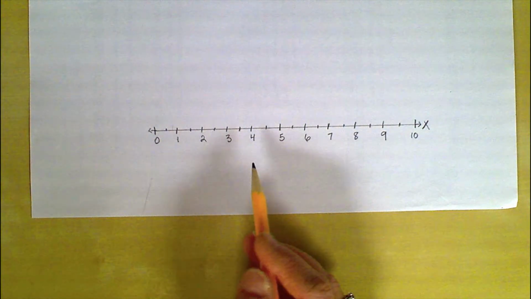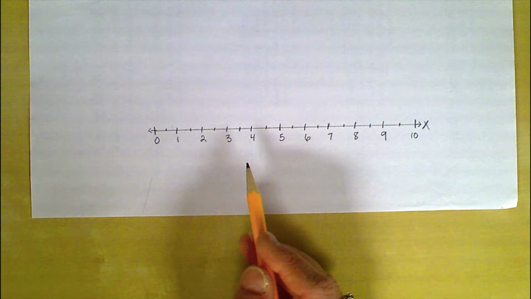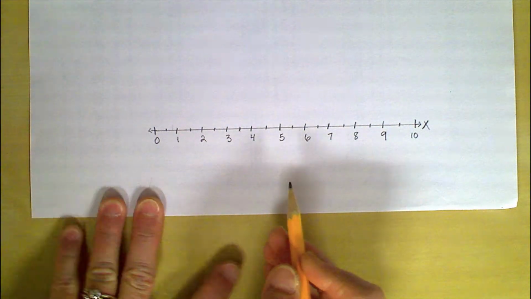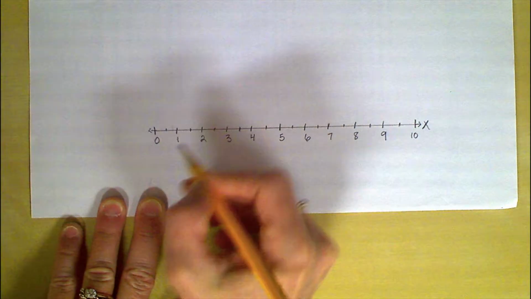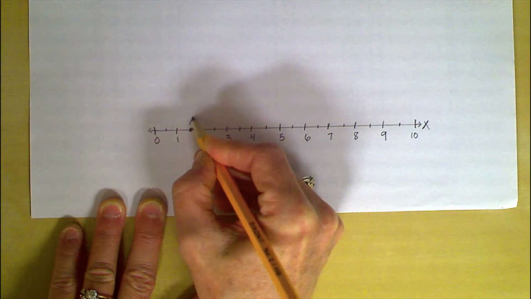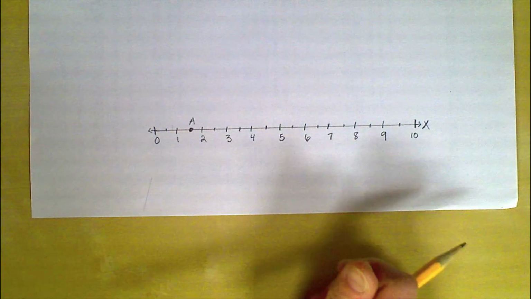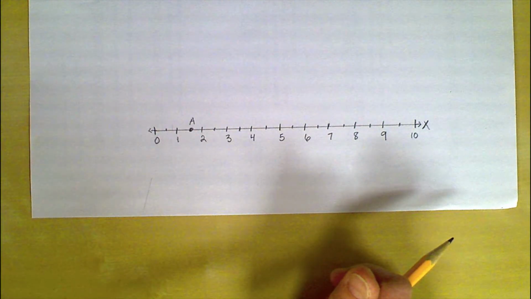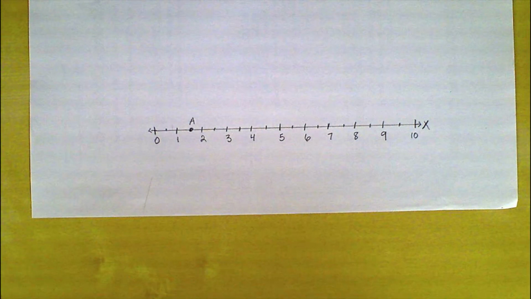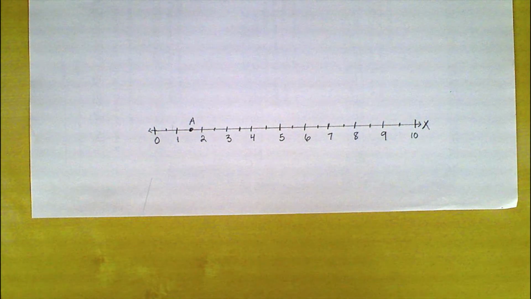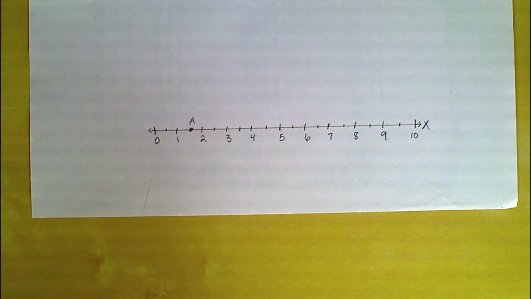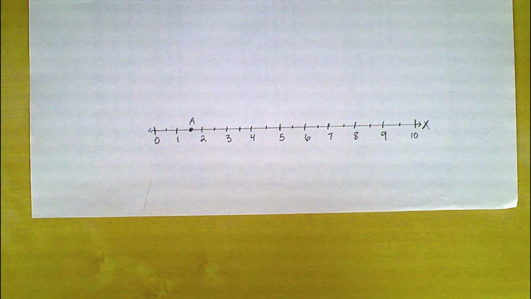Okay, now I want you to put a point at 1.5. Label it A. We have a strategy for naming this point that falls right on a number line, okay? We'll come back to that in a minute.